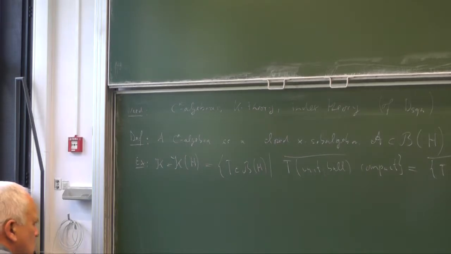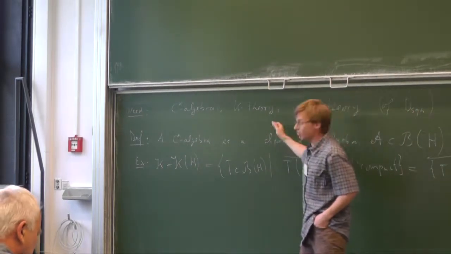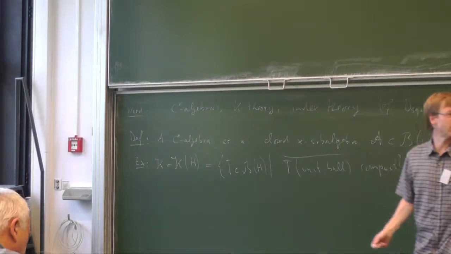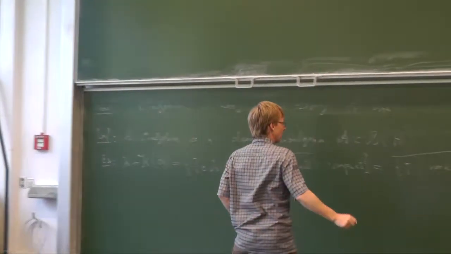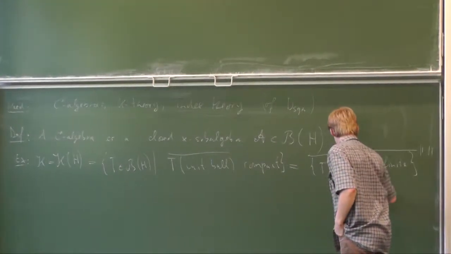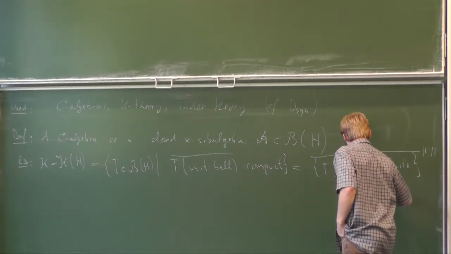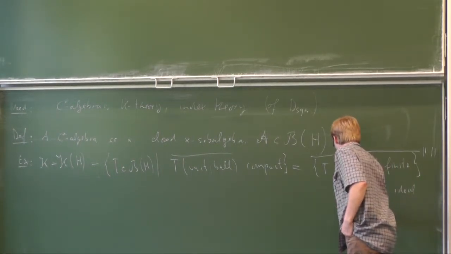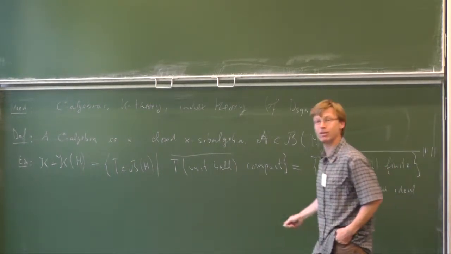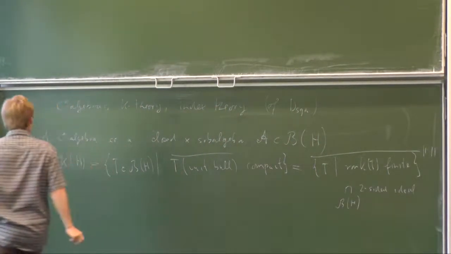Actually that's the way to make C-star algebras if you're not so sure about this closedness property. You just take your subalgebra and close that. You do that a lot of times during these lectures. Also, that's a two-sided ideal in all bounded operators on the Hilbert space, which is a nice thing to know.